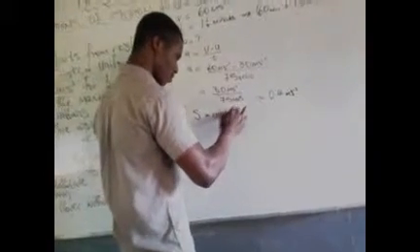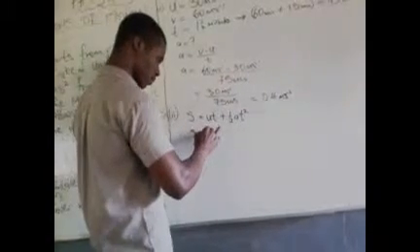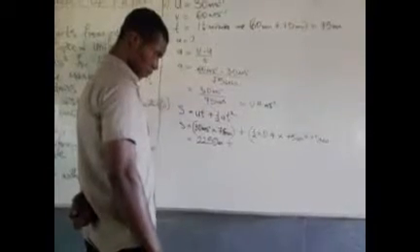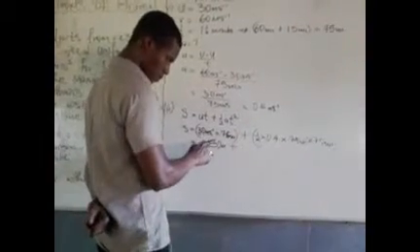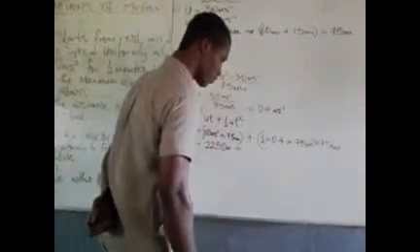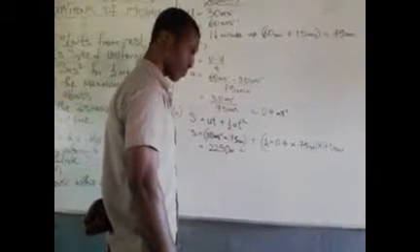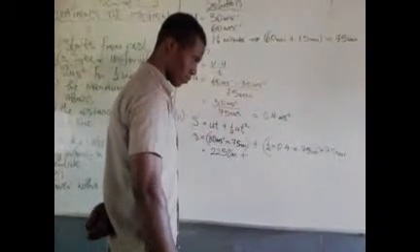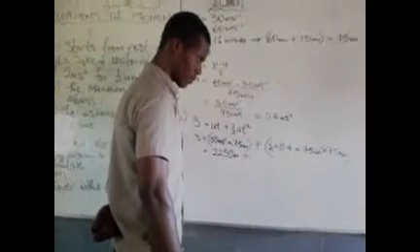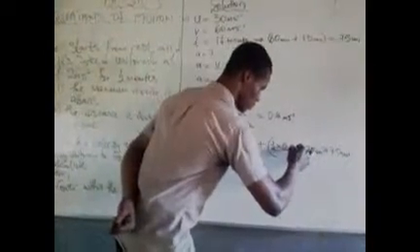Our u is 30. So we have 30 meters per second times 75 seconds, plus half times 0.4 meters per second squared times 75 seconds times 75 seconds.